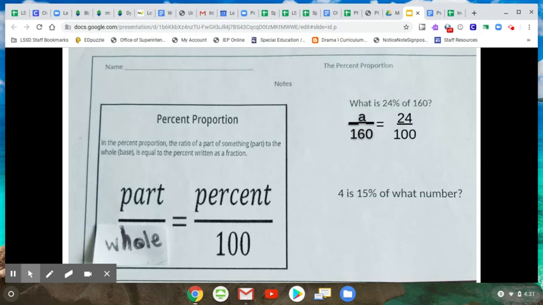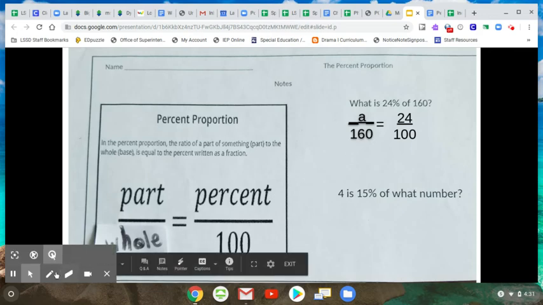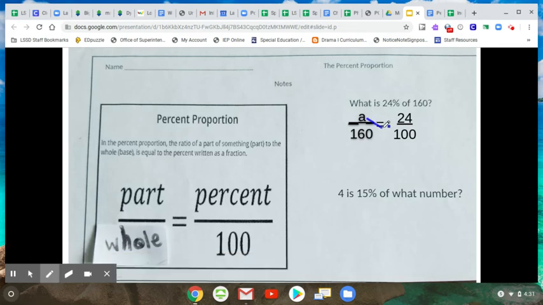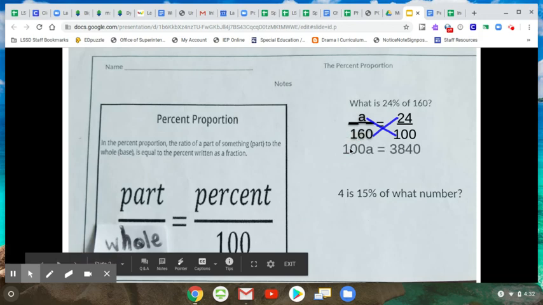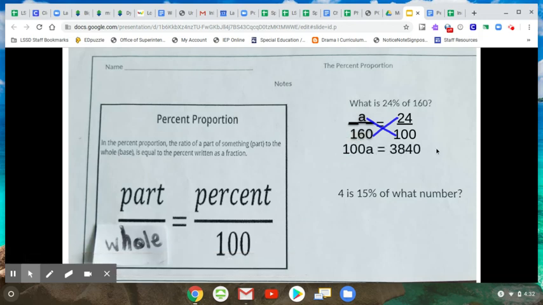All right, so I'm trying to find A. I already know how to solve proportions. I'm just going to do cross multiplication. That means I'm going to multiply A times 100, and I'm going to multiply 160 times 24. And when I do that, I end up with 100A equals 3,840.